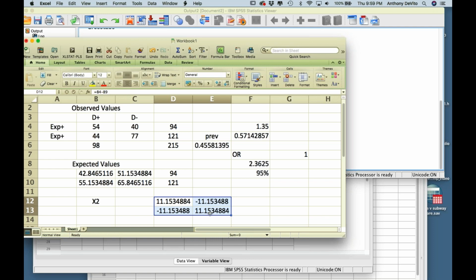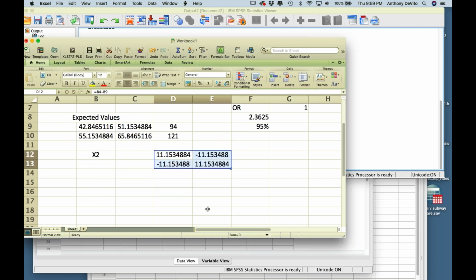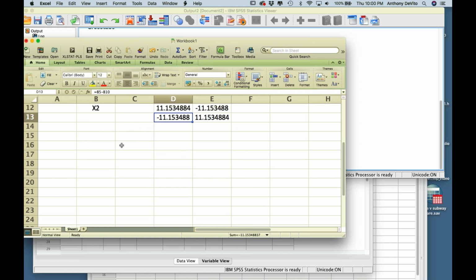One of the ways that we got around that before was we squared all these values and then we divided by something to bring them back down into the same realm again. Well, our calculation for chi-square is going to be each cell. We're going to do this 4 times for a 2x2 table like this.